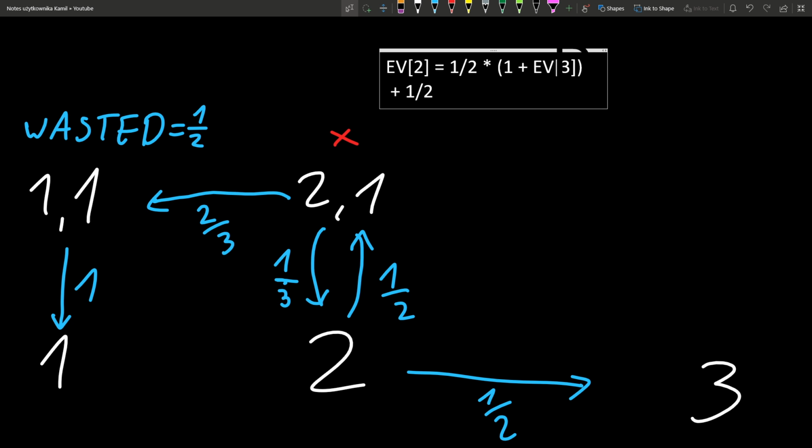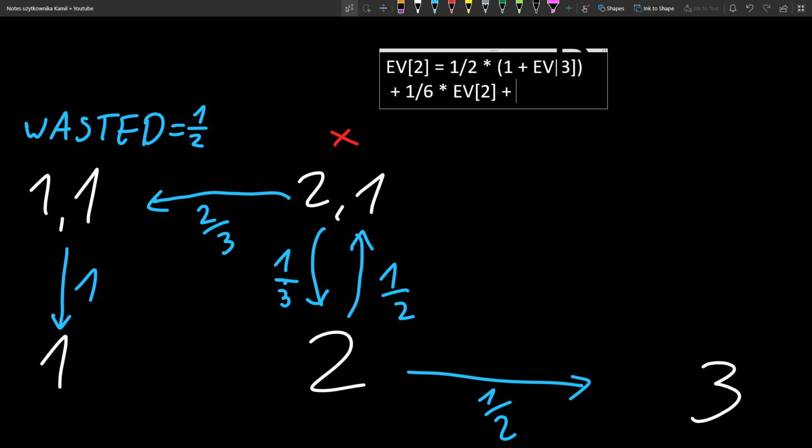Plus with probability half, either we go back immediately, so actually it's 1/6 times EV of 2, because we go up and then down, otherwise we move to the left.